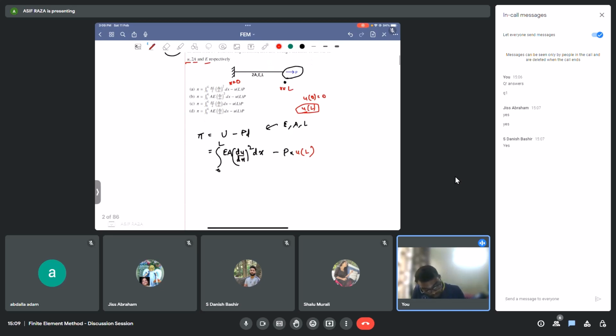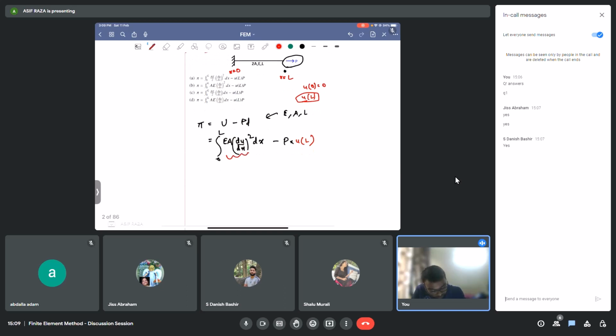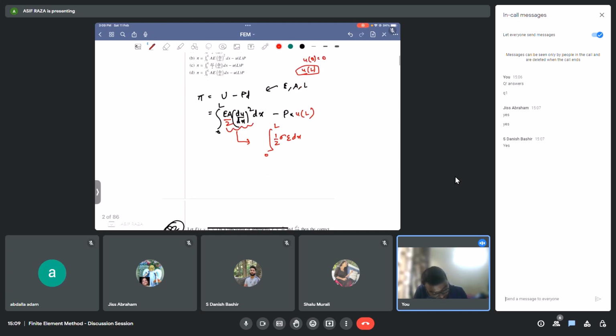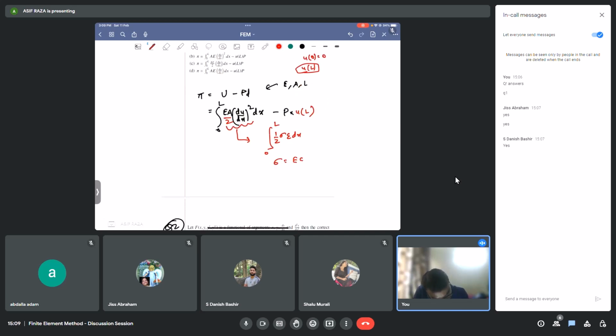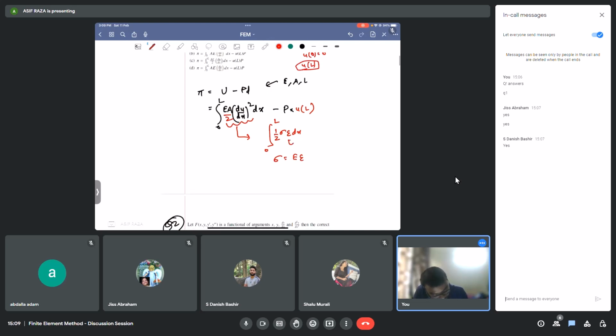Now if you ask how this comes, this is EA by 2. It comes from half times sigma epsilon dx from 0 to L. Sigma is E epsilon, epsilon is strain, and strain in this bar problem is du by dx.